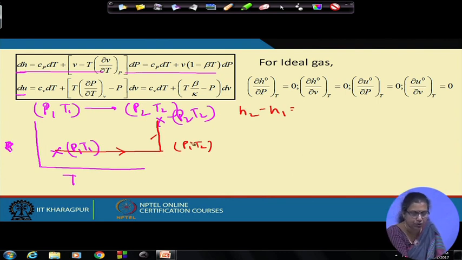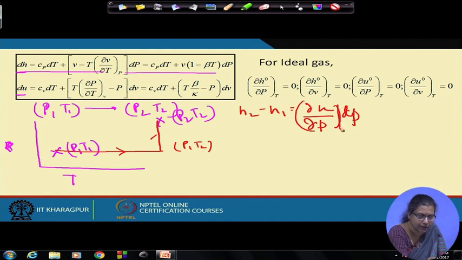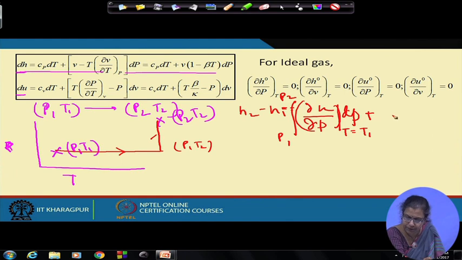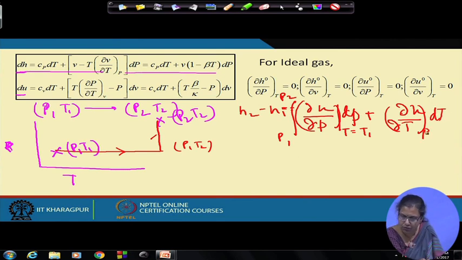So, I can write this down as integral of (del H/del P) dP, which has to be evaluated at T equals T1, with the integration from P1 to P2, plus integral of (del H/del T) dT, at constant pressure, at P equals P2, with the integration from T1 to T2. This is one particular thing that I can do.